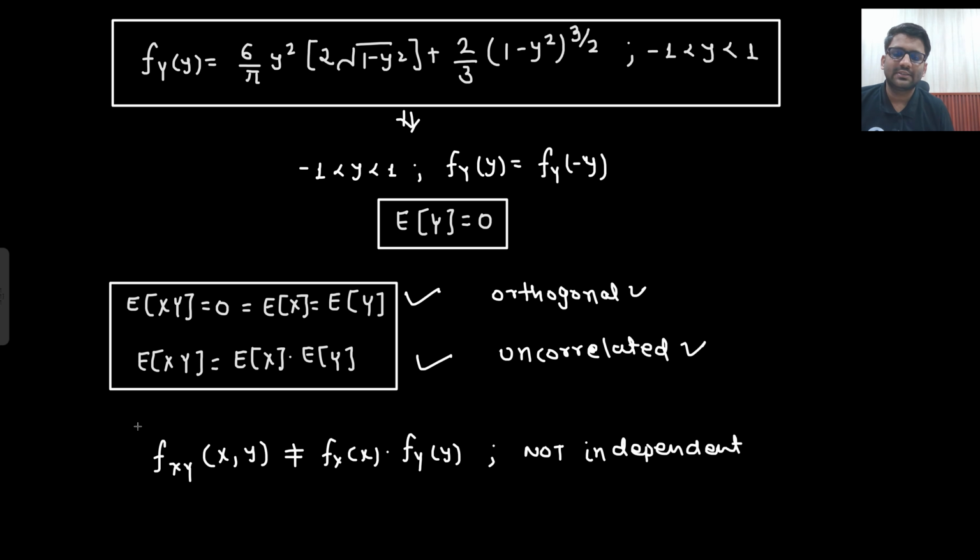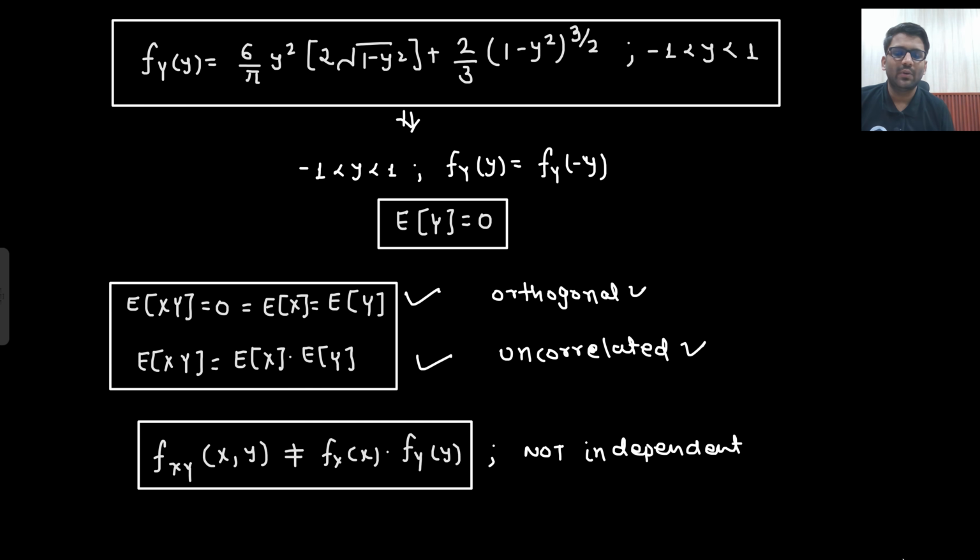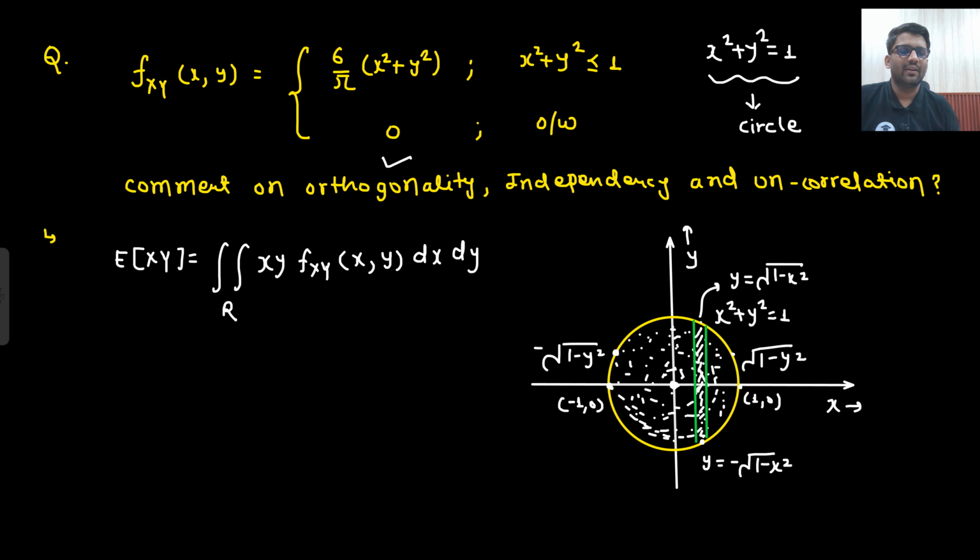But just think about it: without even doing the calculation you can say that x and y will not be independent. They are depending on each other, no? Basically what you are saying is that x square plus y square should be less than 1.